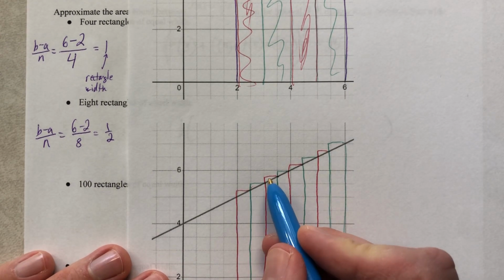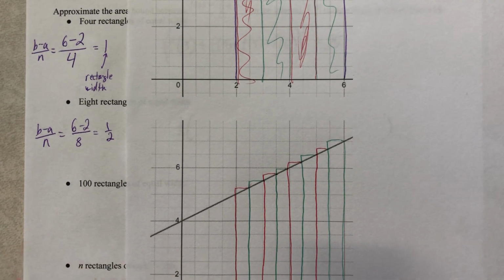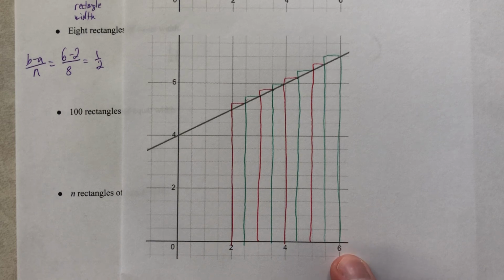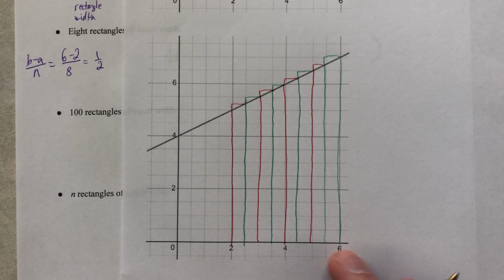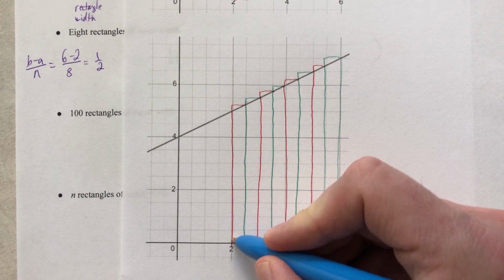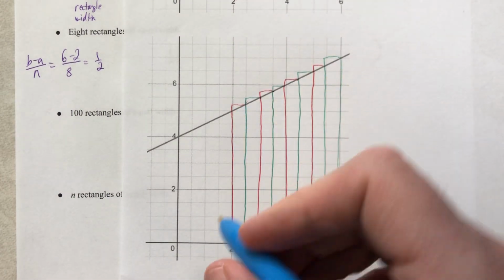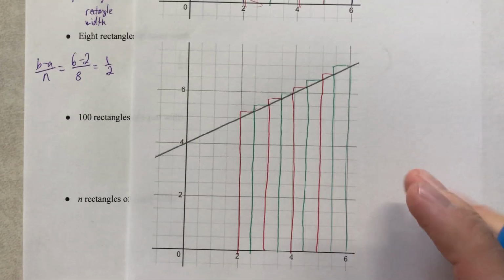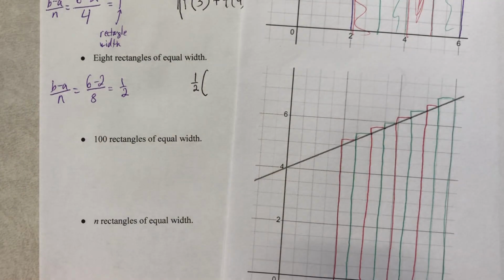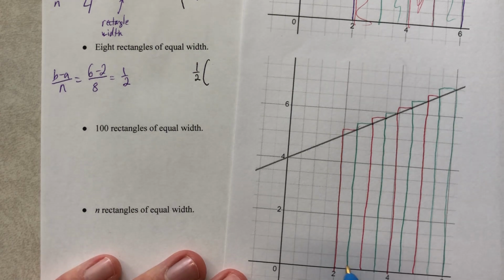So there it is. And when we drew our rectangles, starting at the right, we went all the way to 6. But on the left side, we never had a rectangle that was based on f of 2. The closest we got was 1/2 away from 2, okay?